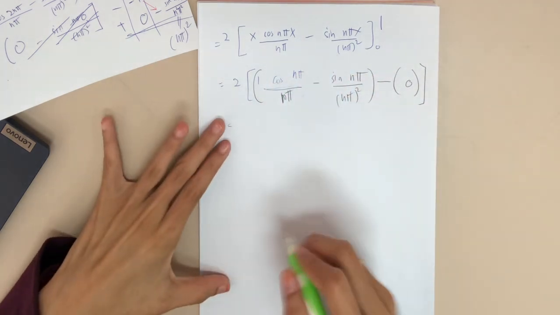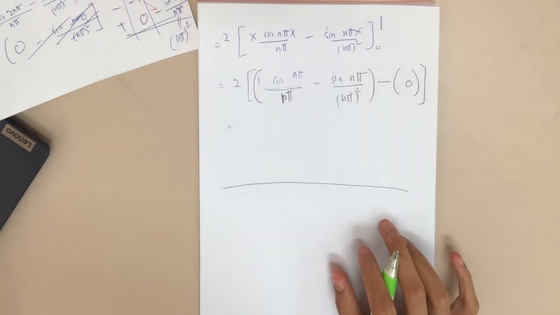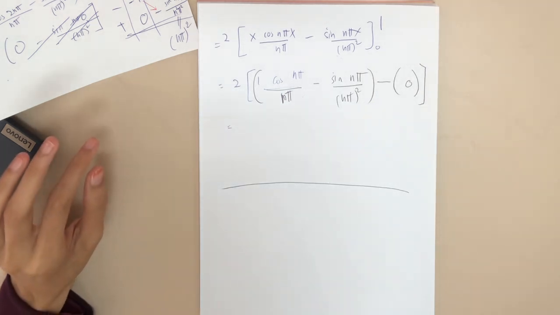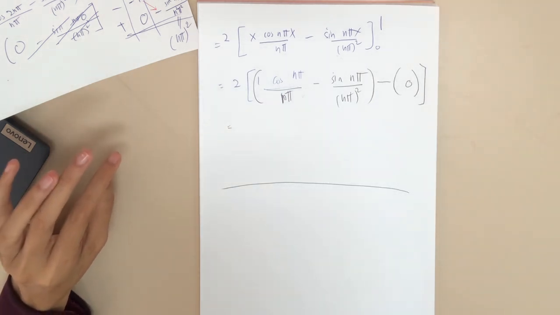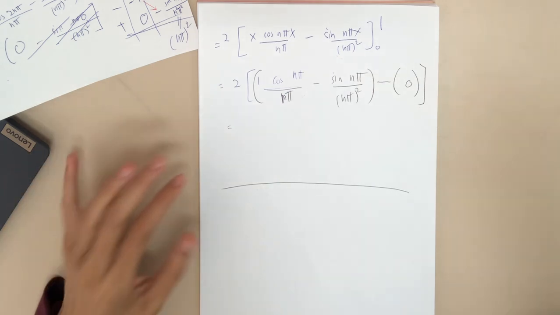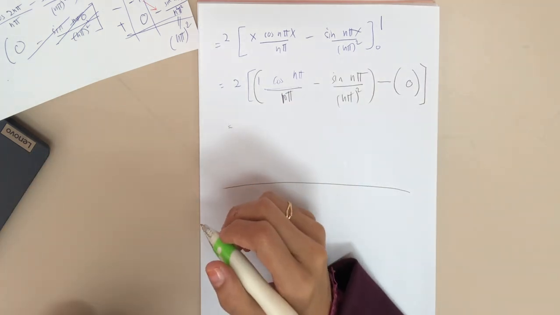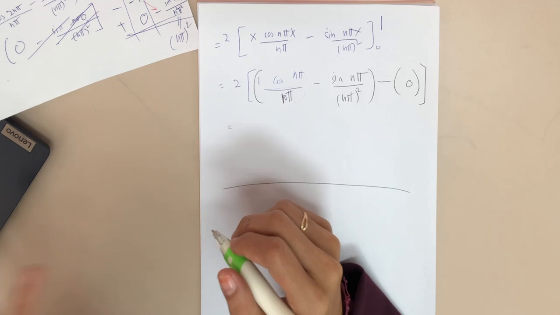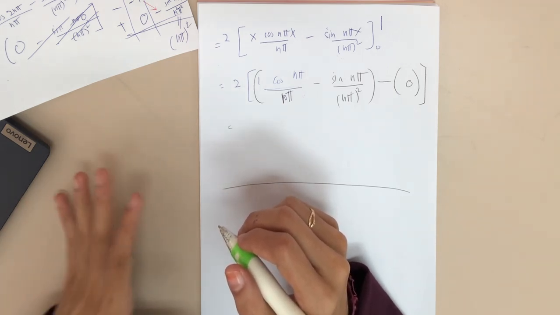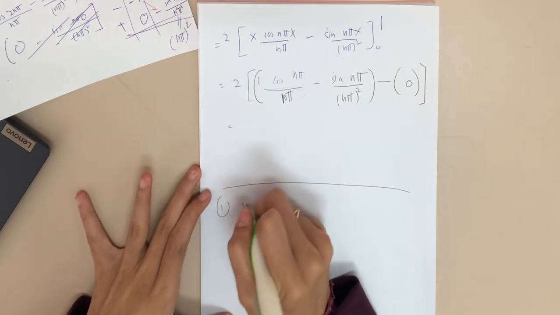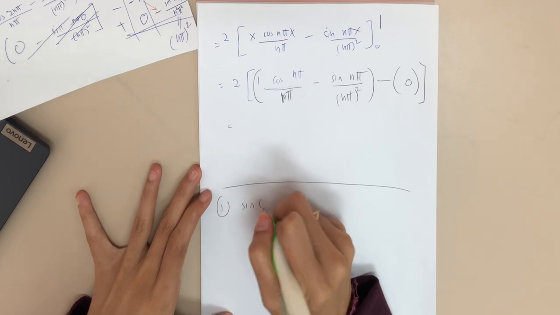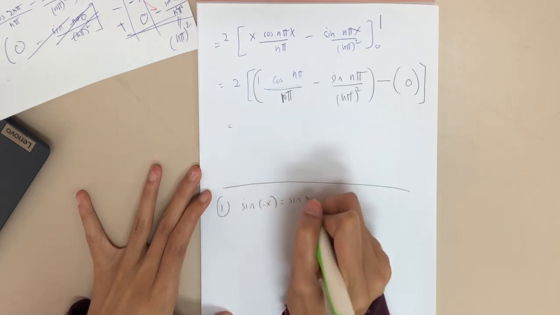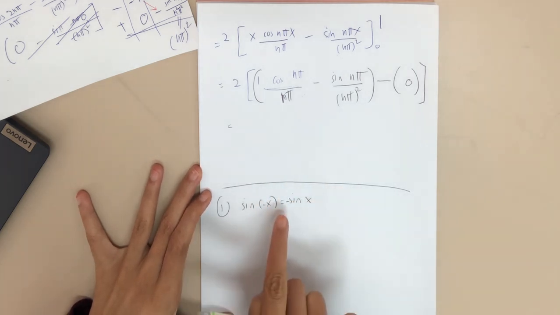Okay, so class, there is one thing that you need to remember. There are some helpful identities that we will always be using for calculating the Fourier coefficient here. So the first one is sine negative x is equal to negative sine x.